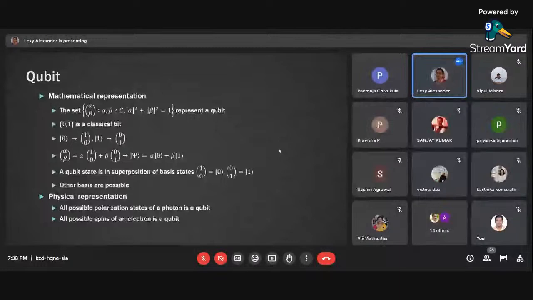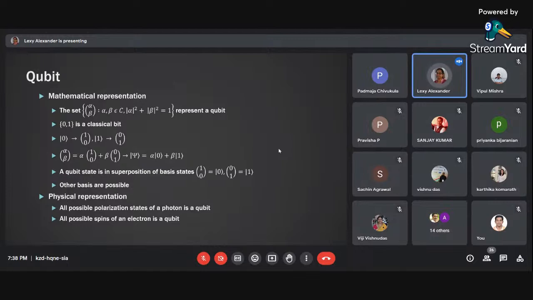That is the state of the qubit: ket psi is written as a linear combination of ket 0 and ket 1, with alpha and beta varying over complex numbers. So unlike the classical bit, which takes only 0 and 1, a qubit can take an infinite number of states, as alpha and beta have infinite choices with the condition mod alpha squared plus mod beta squared equal to 1. For particular values of alpha and beta, it gives a state.